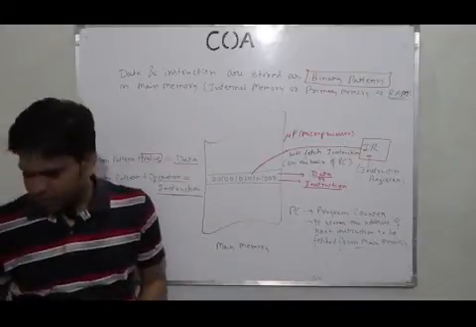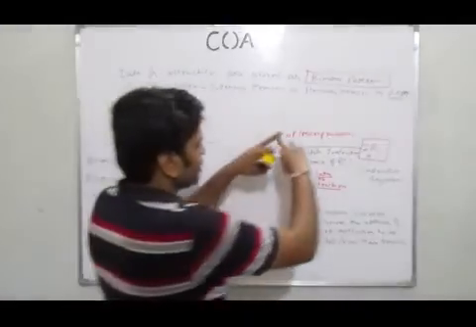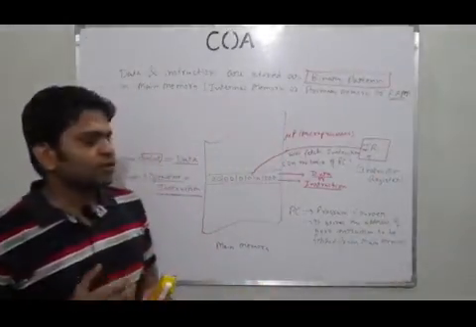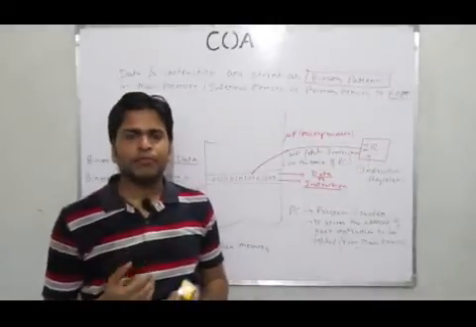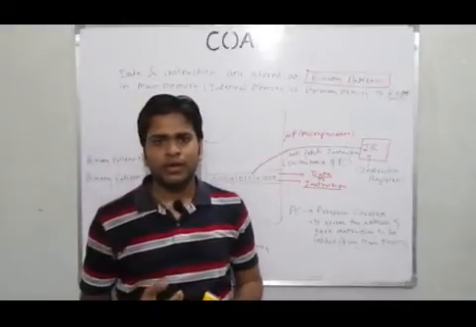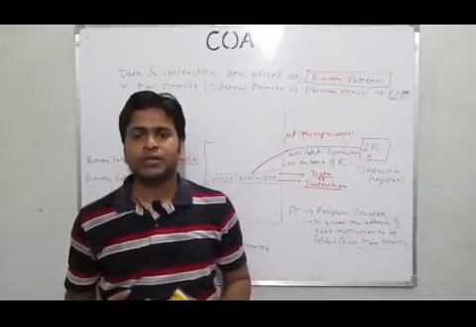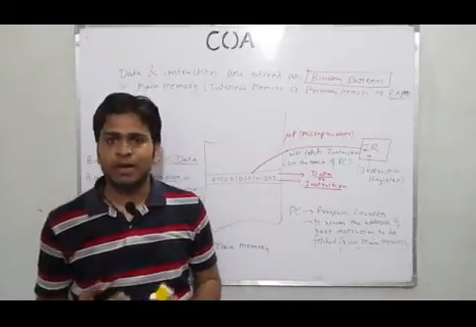So what we have to understand is that this entire task is performed under the control of some program, fine, and that program is known as microprogram. And the programming that we do in computer organization and architecture, or you can say microprocessor, is microprogramming.